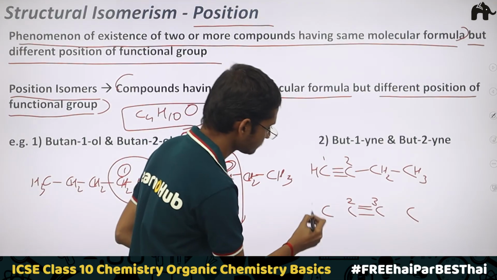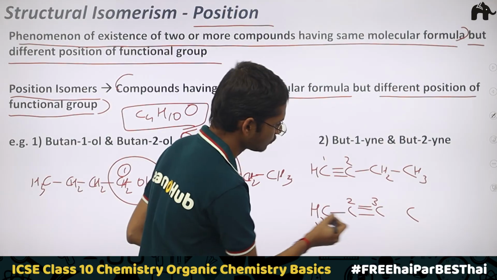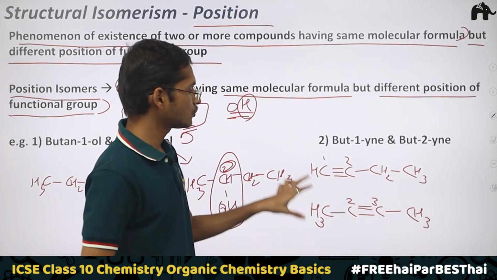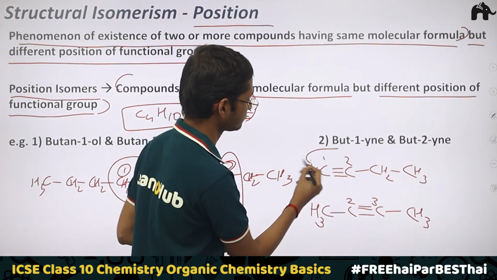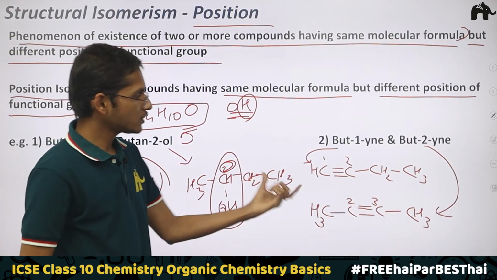So this is but-1-yne, this is but-2-yne. Clear? Now what's the difference between them?